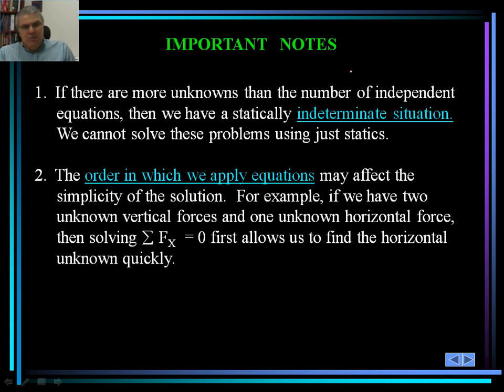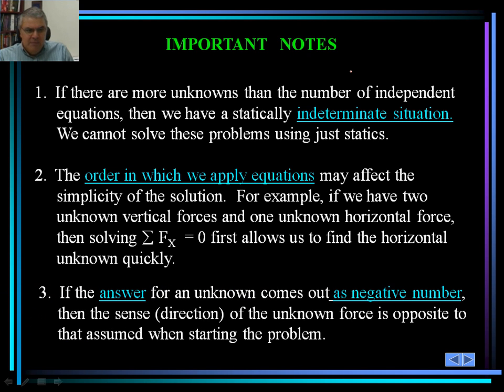And again, the order in which we apply the equations may affect the solution. So we need to be smart about that and look at the problem first before we attempt to solve it. It's very important to look at the problem and see what's the simplest and quickest way to solve it.